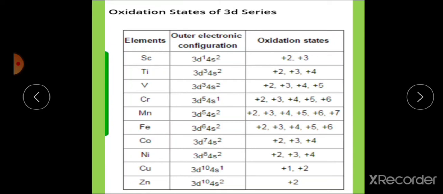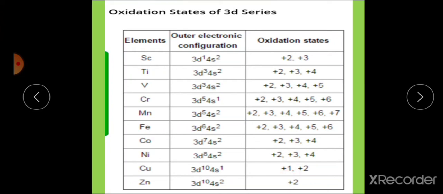There are 5 unpaired electrons. Manganese shows a maximum of 6 oxidation states, from +2 to +7. Scandium shows +2 and +3 oxidation states. The +2 oxidation state is common in all 3d series elements.